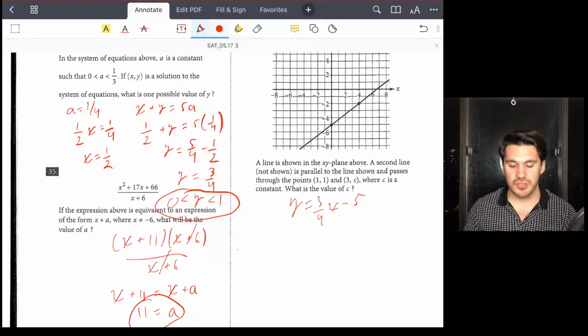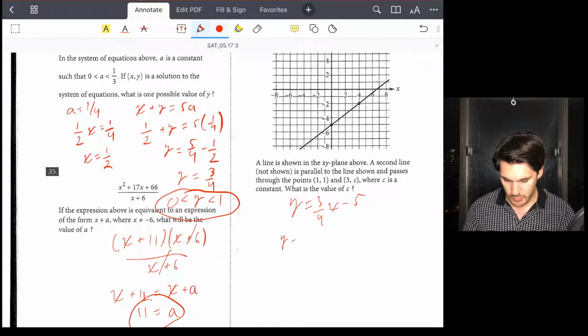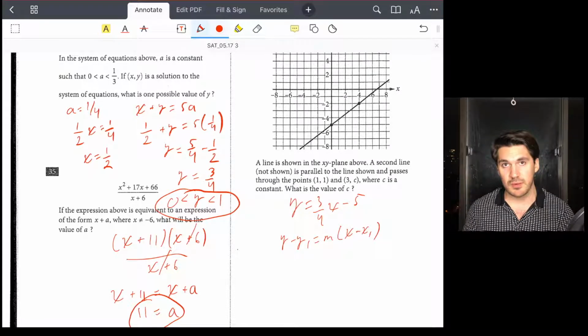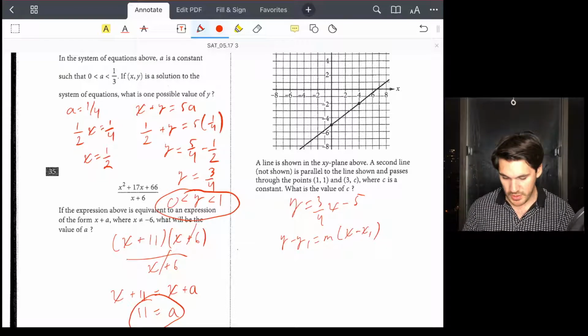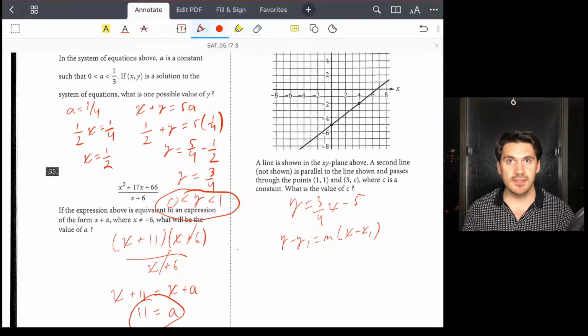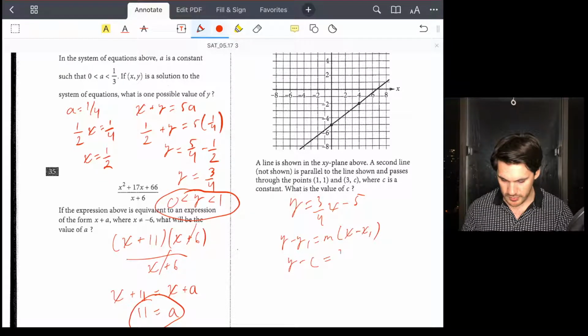Now we can get the equation of the other line. We can use a point-slope form. So y minus y1 equals m times x minus x1. This is the point-slope form equation. So we can use the point they gave us, 3 comma c, since we're looking for c. So y minus c equals, the slopes are going to be the same because they're parallel, times x minus 3.